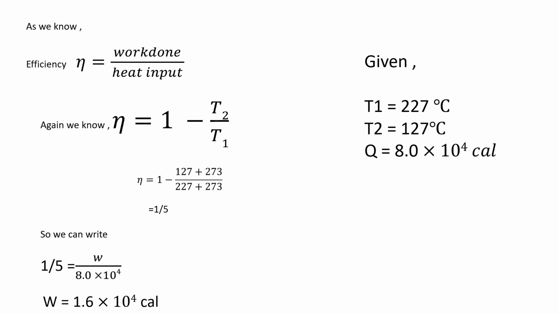First we have to convert them into Kelvin and then calculate the efficiency. After getting the efficiency, as we know eta equals work done by heat input, by putting the values in this equation, we get that W, the work done, is equal to 1.6 into 10 to the power 4 calorie.